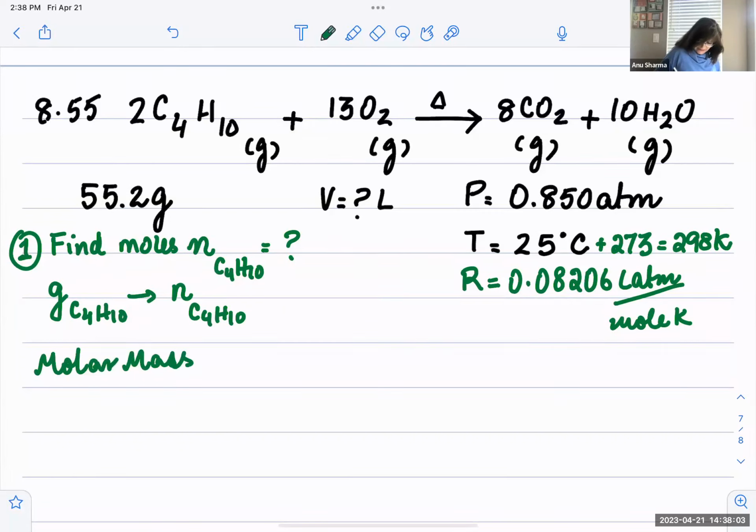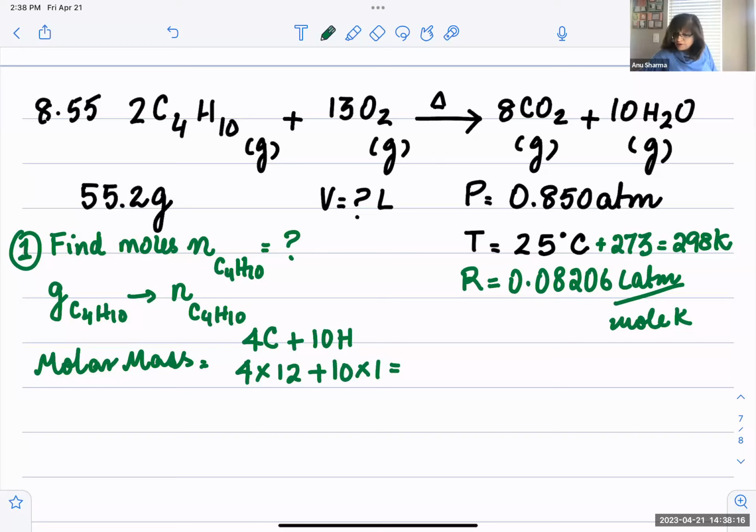So the molar mass is 4 carbons plus 10 hydrogens. So 4 times 12 plus 10 times 1. And that gives you 12 fours are 48 plus 10. So this is 58 grams per mole. Okay, so this is one piece.